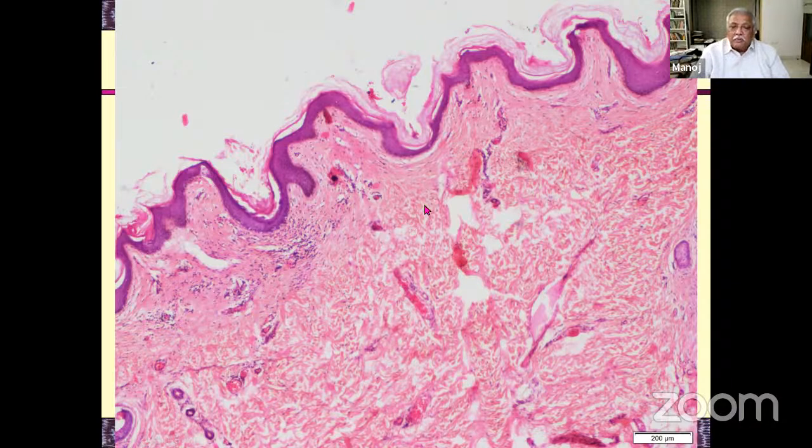And then in between, you have other significant structures. You have the blood vessels here, naturally, like everywhere else. You have the nerves. In the skin, particularly, you have the glands. You have sebaceous glands. You have sweat glands. You have the hair follicles. So the skin is a little bit different from other organs, but otherwise, essentially, it's the same tissues.